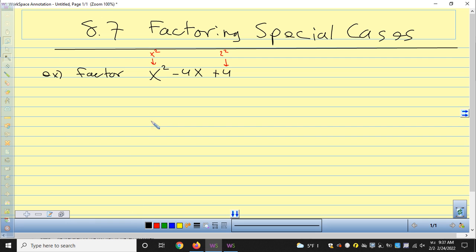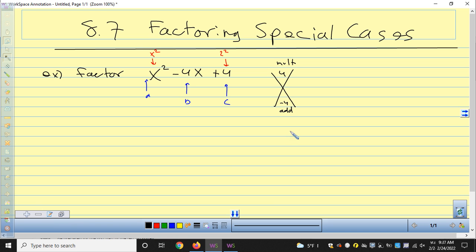So A is 1, B is negative 4, and C is 4. So let's set up our cross. We want two numbers that multiply to 4, since A is 1, and we want them to add to negative 4.